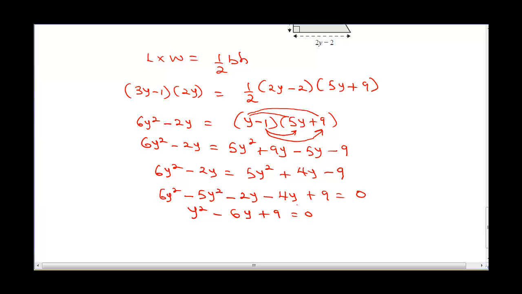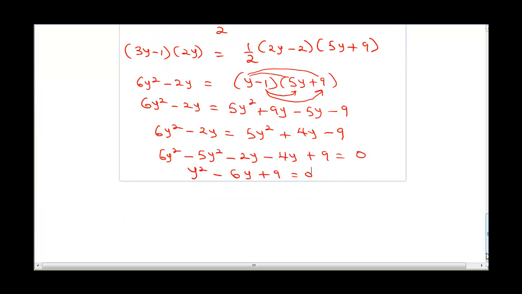It's equal to 0. So in order to solve this, we need to look for the factors of 9. So factors of 9 are going to give us 1, 3, then we have 9. So the number we're going to be choosing will be 3, and we're going to be choosing it twice. So we're going to be using minus 3 and minus 3.